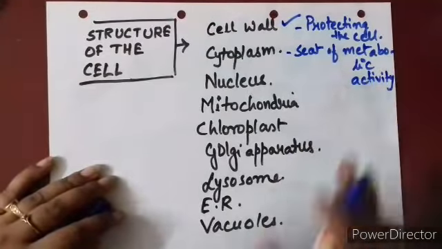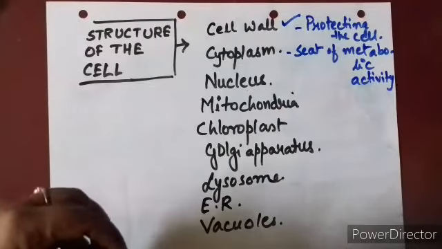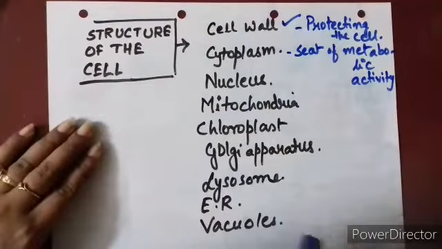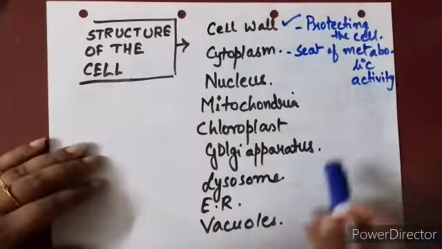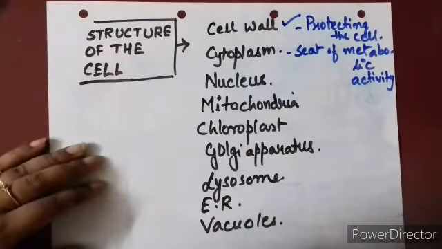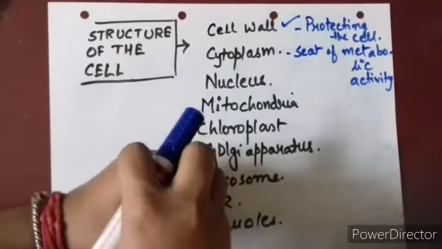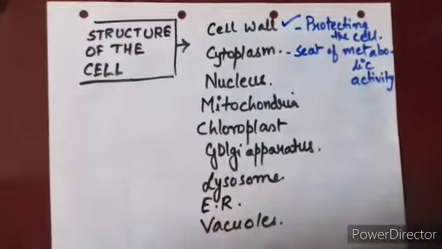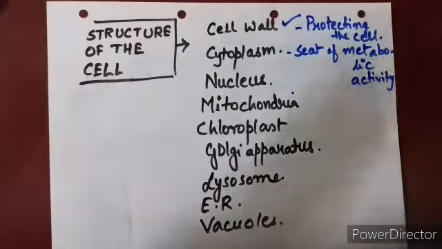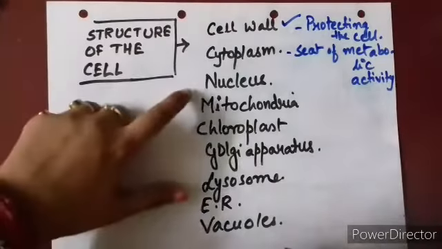Many kinds of enzymes are present in the cytoplasm which help in performing several reactions and in proceeding the metabolic activity in a positive manner. It is also the ground for various organelles. The organelles are embedded in the cytoplasm and can move according to their activities or area of activity. Nucleus.